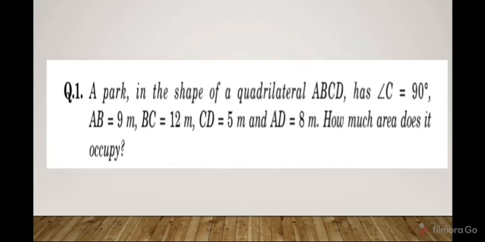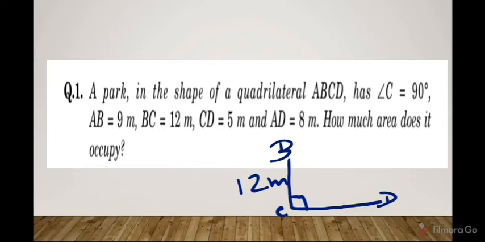If you draw the rough diagram of the quadrilateral, angle C has to be 90 degrees. So I am considering this angle as 90 degrees, and this will be C. BC is given as 12 meter and CD is given as 5 meter. Let me consider this one as B and this one as C. Why?